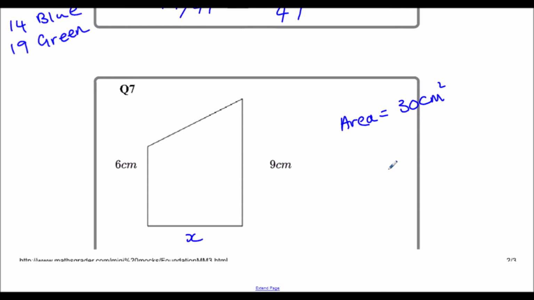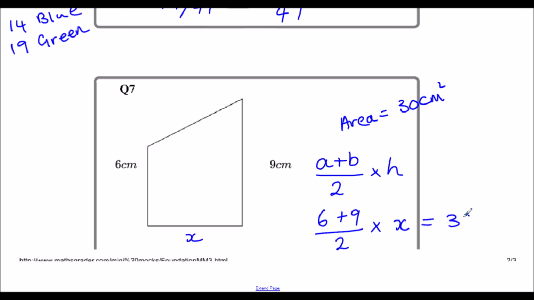The area of a trapezium is the 2 parallel sides added up and divided by 2 times the distance between them. So our 2 parallel sides here are 6 and 9. So it's going to be 6 and 9 added up and divided by 2 times the distance between them, which is x, and that's going to be 30 centimeters squared.